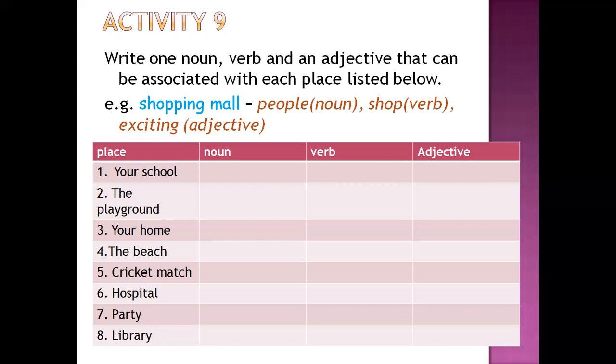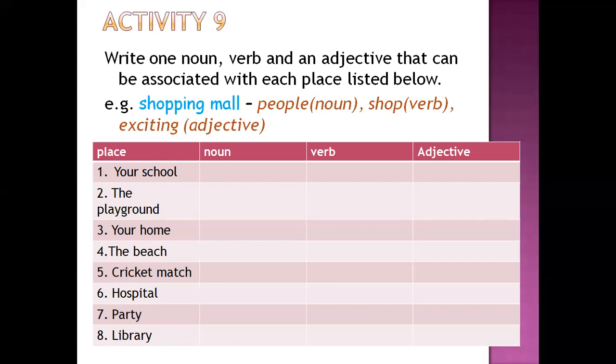Number one, your school. In your school, you have to find out one noun, one verb, and one adjective. Can you tell me a noun? Your school. You can say girls or boys or students, teachers, principals. Likewise. Then what about verbs?